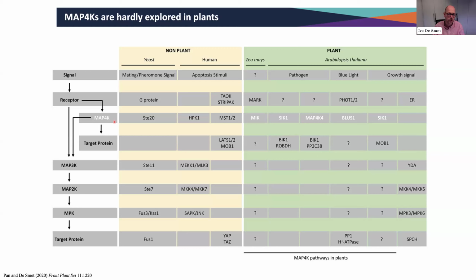But there are also a number of examples where the MAP4Ks are positioned upstream of their own target proteins. And this is what we also see in plants, where in recent years these MAP4Ks have been positioned in a number of different physiological, biotic, abiotic stress and growth pathways. And we're now starting to fill the gaps in this knowledge.